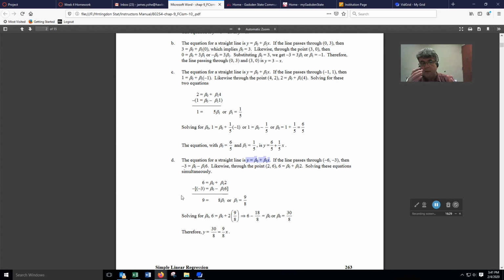That gives us 30 plus 72 over 8, that's 102 over 8. We can simplify that, divide the top and bottom by 2 and get 51 over 4, and then convert that from a fraction to a mixed number and have the correct answer for y.